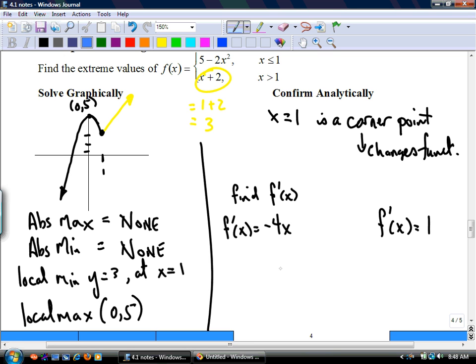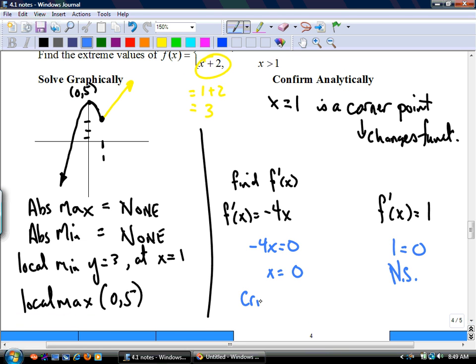Make them both equal 0 and solve for x. So we know that x equals 0 is a critical point.